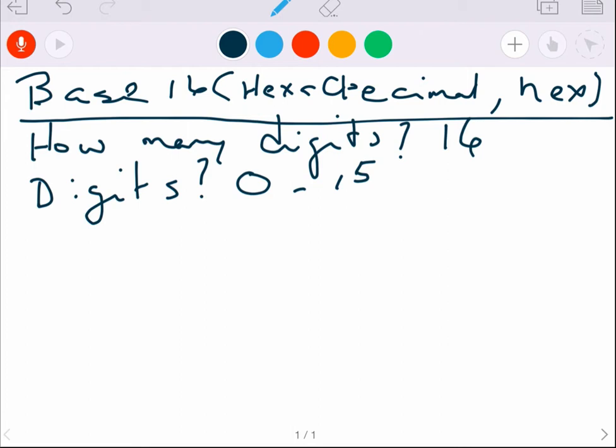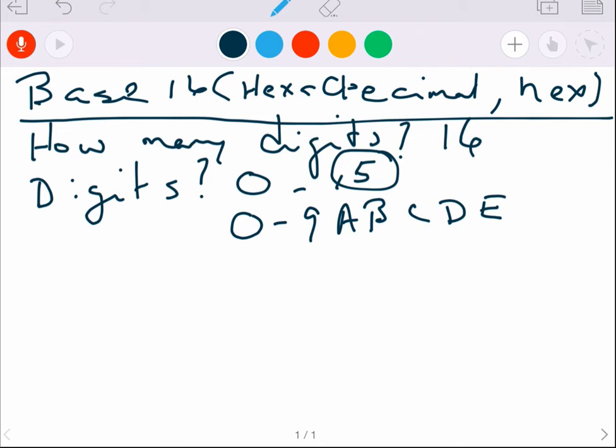So this is problematic. So we say we have 0 through 9, and then we use A, B, C, D, E, and F to represent 10, 11, 12, 13, 14, and 15. So that way there's no confusion.